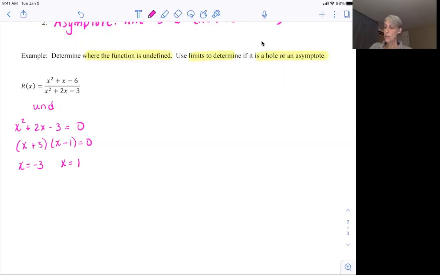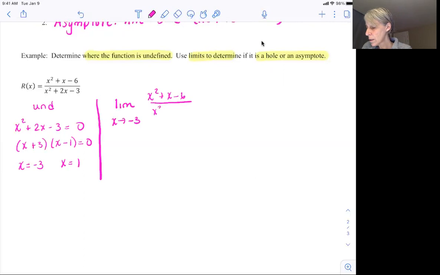So now instead of using algebra, to identify if it's a hole or an asymptote, we're going to evaluate each limit. So the limit as x approaches -3 of our function, and the limit as x approaches 1 of our function.